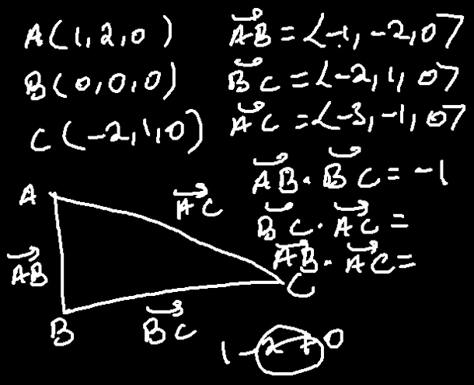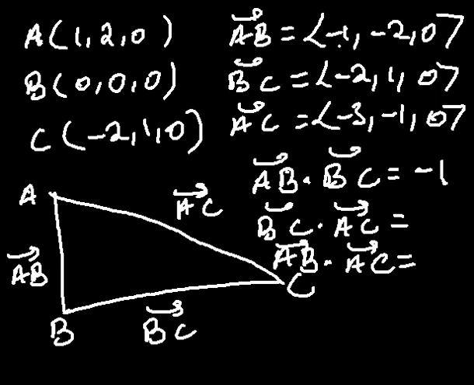Yes, that should be negative 1. But should we have the dot product between any two vectors here given as 0, it means the angle between those two vectors is 90 degrees, hence it is a right angled triangle. Let's proceed.